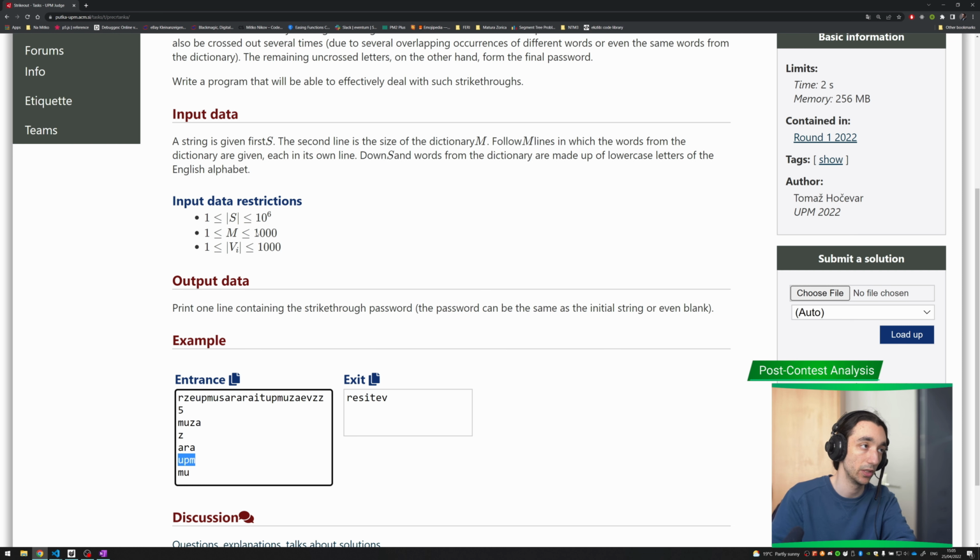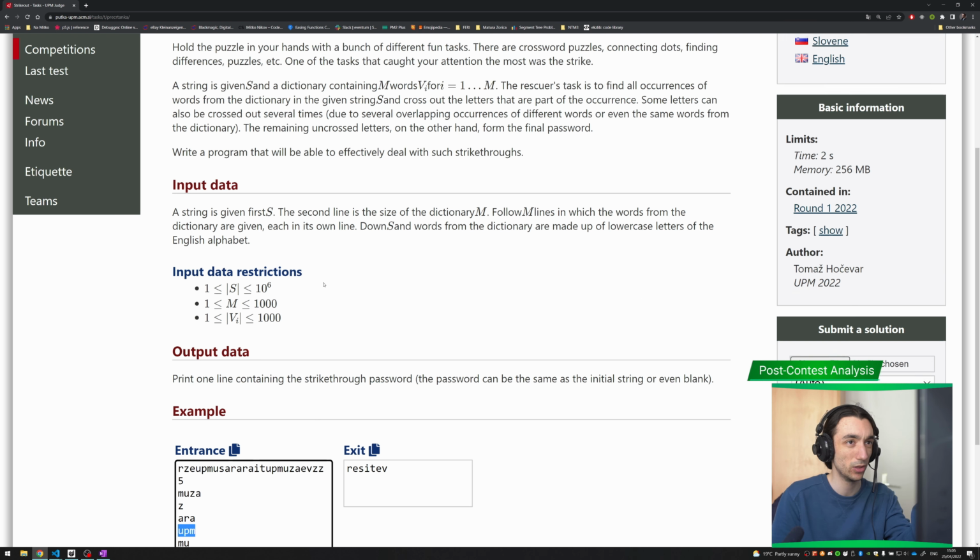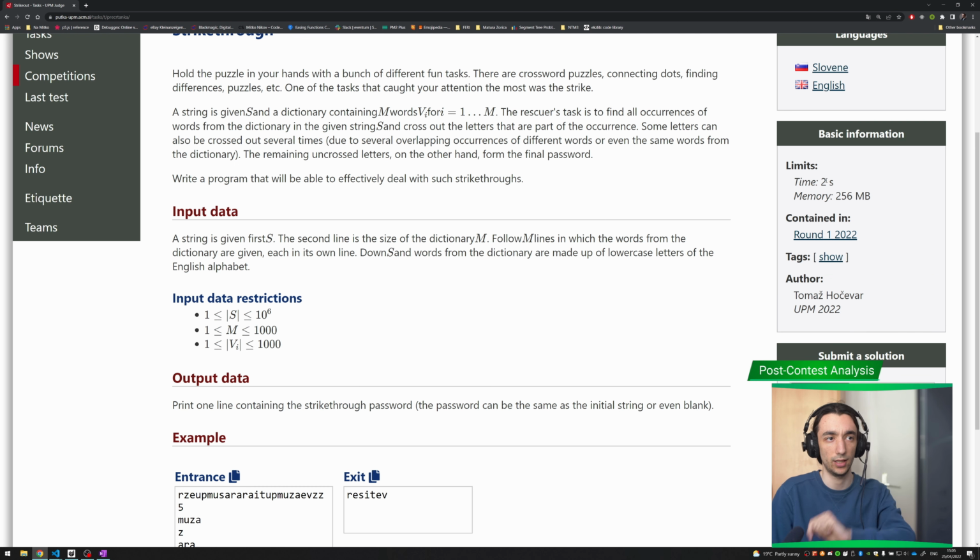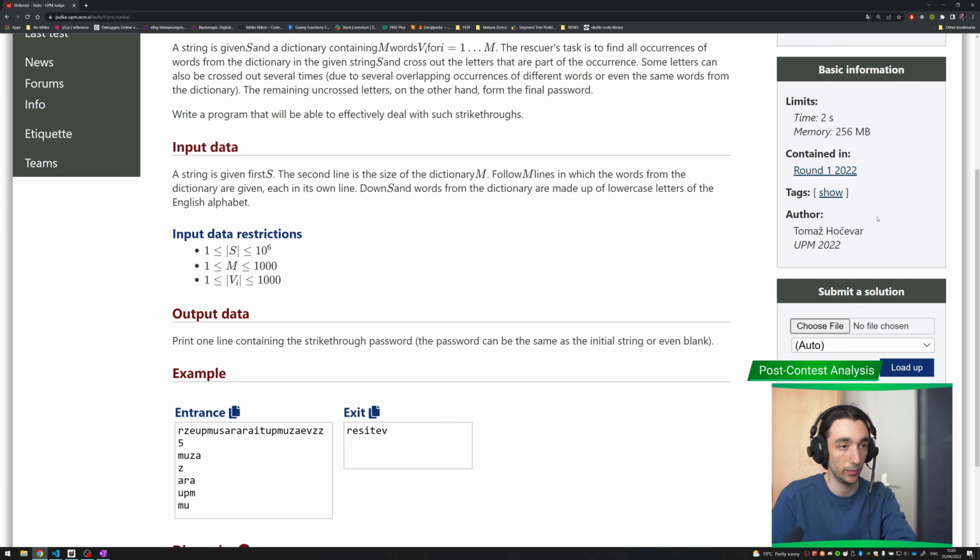But this is of course too slow, because 1,000 times running on a 1,000,000 string is way too slow for 2 seconds. Memory is fine.